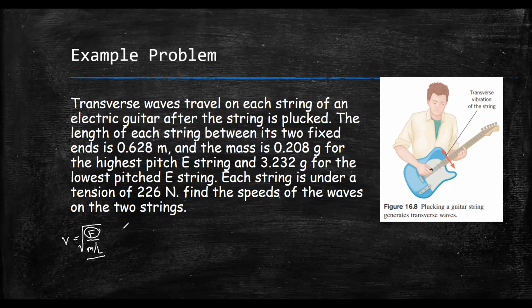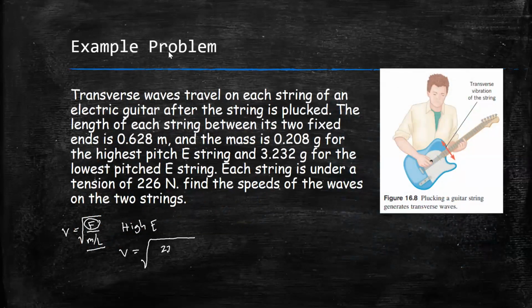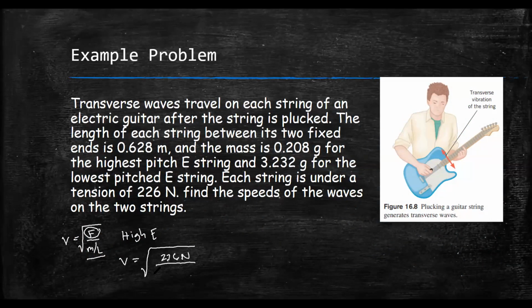For the high pitch E, the velocity is equal to the square root of the force, which is 226 newtons, over the mass of 0.208 times 10 raised to negative 3 kilograms, over 0.628 meter.